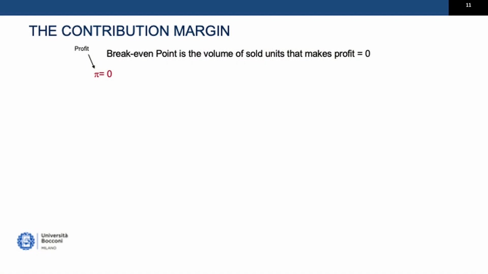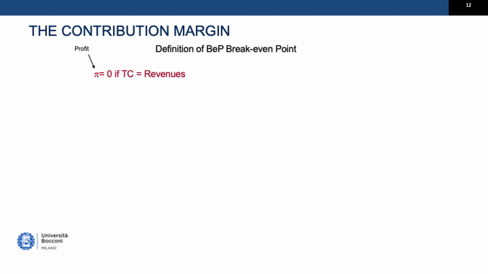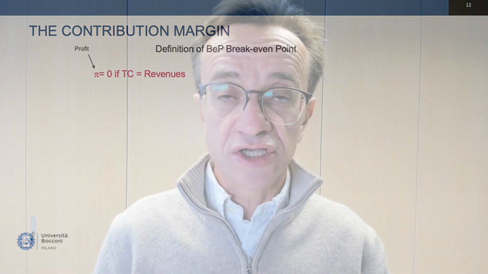We do not have profit. If the profit is zero, it means that the total costs are equal to the revenues. Total costs are the sum of the fixed costs plus all the variable costs for producing that amount, which is equal to the break-even, and that is the amount that we want to estimate.